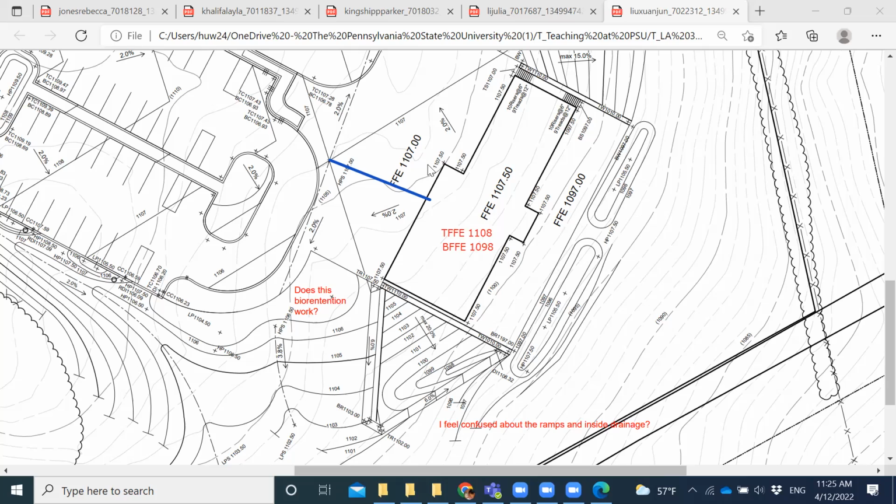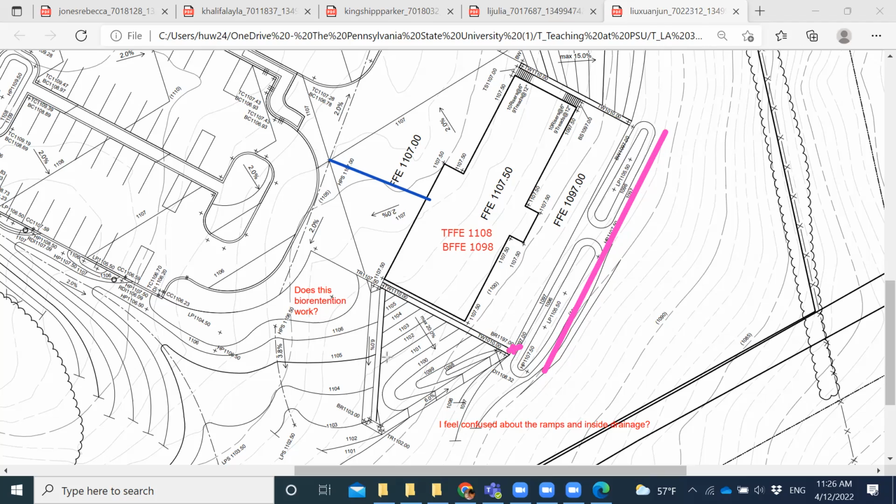Your 1097 is somewhere, no, if it's here, it's actually lower. 1097 is actually somewhere lower because you are at 1097.5. Yeah, this is 7.5 here. Okay, so with that in mind, we have 107.